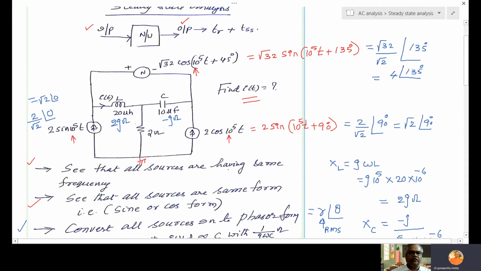Can we use star delta? This will form a star. Can we change it into delta? This star we can't change into delta. What is important to not do? Wherever we are finding the response, that element should not be disturbed by source transformation as well as star delta transformation.